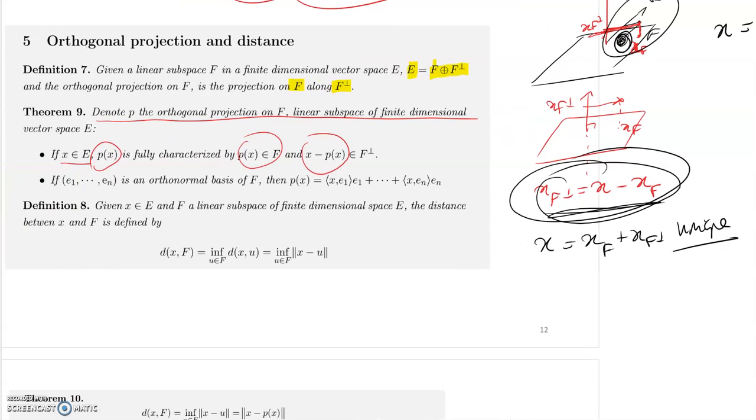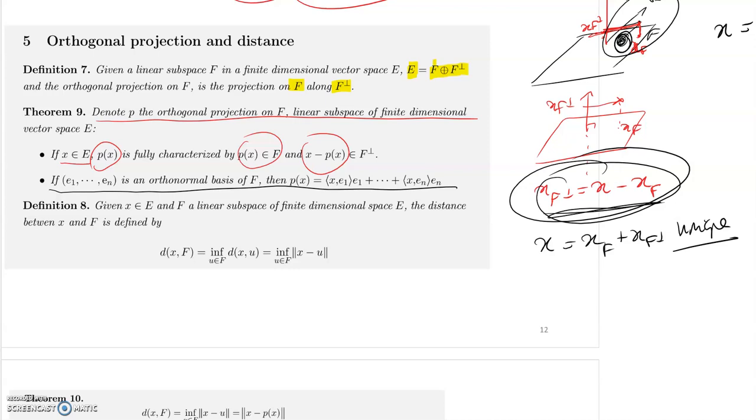And so again, that second part says that given an orthonormal basis of F, then the projection is very naturally given by this. It's really linked to what we showed before.